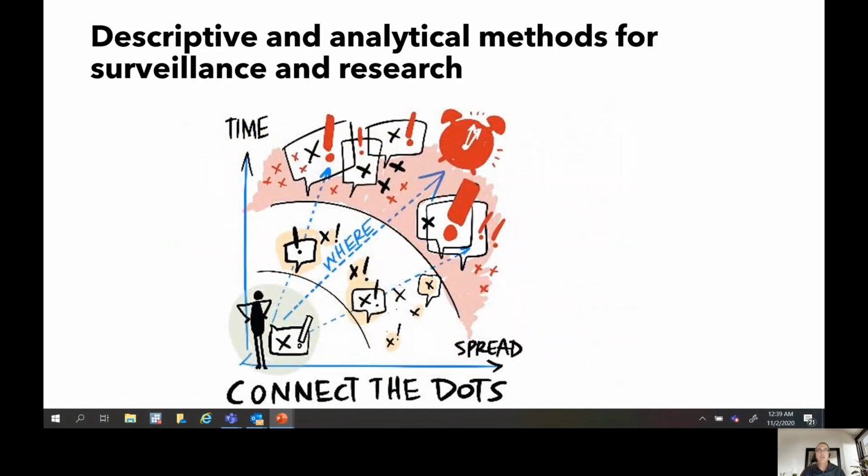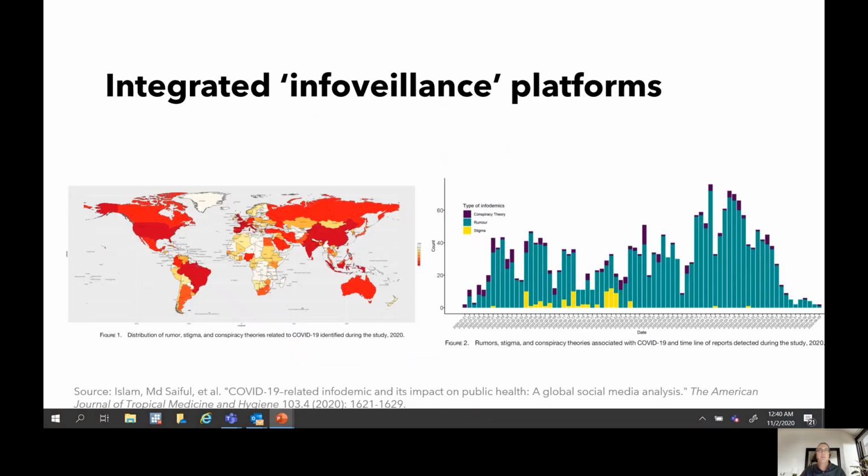We'll talk more about that. But you could also look at descriptive and analytic methods for surveillance and research, where here the principles of person, place, and time could be applied to infodemiology. And also integrated infovalence platforms. So we saw the weekly WHO global report looking at where the virus was, based on epidemiologic indicators.